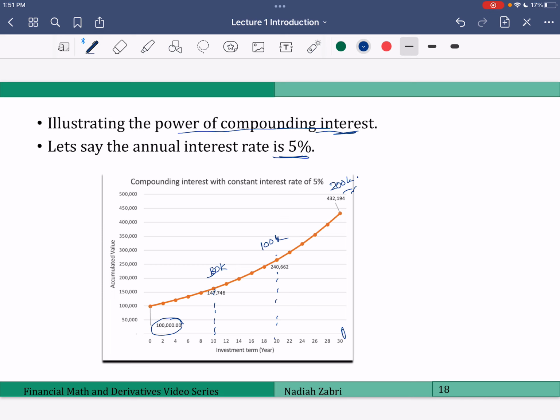So that's why savings is important, right? And also, no wonder we need inflation, because if not, wealth will be exponentially increasing.